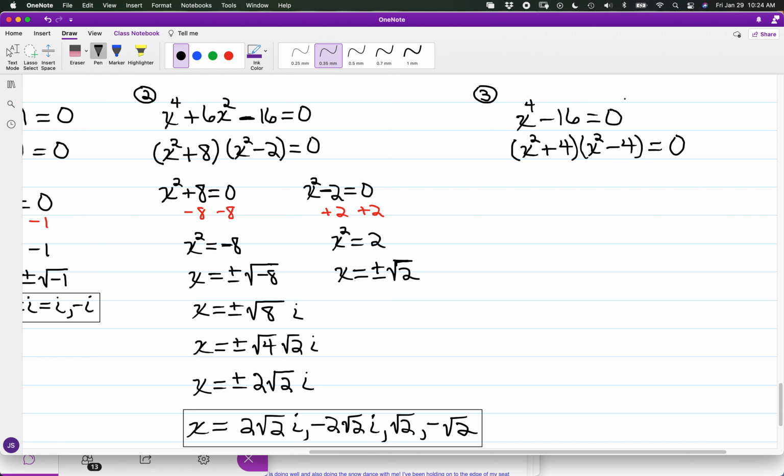And looking at factoring as much as possible, I could have gone ahead and set both of these factors to 0, but I'm going to go ahead and completely factor. So we have x squared plus 4, which is locked in, and x squared minus 4 will go to x plus 2 and x minus 2.